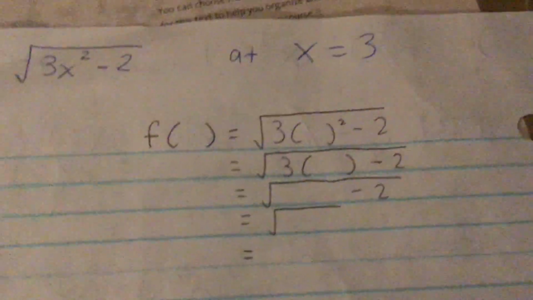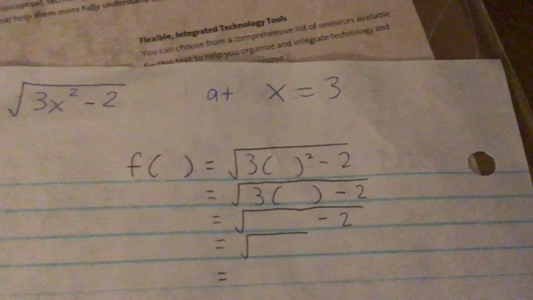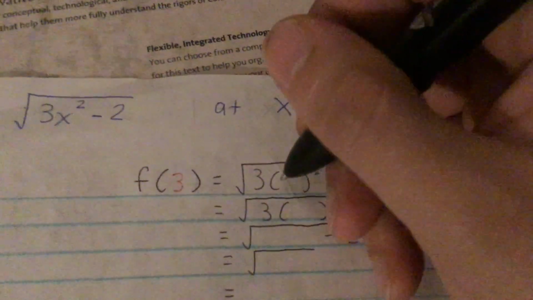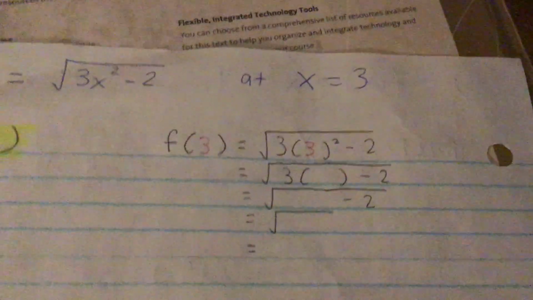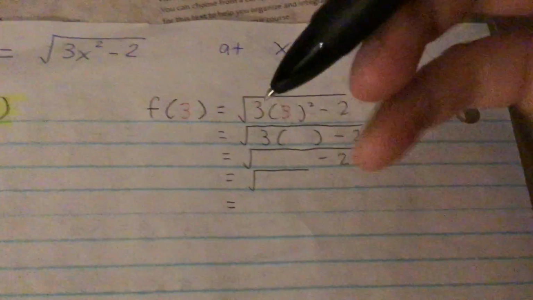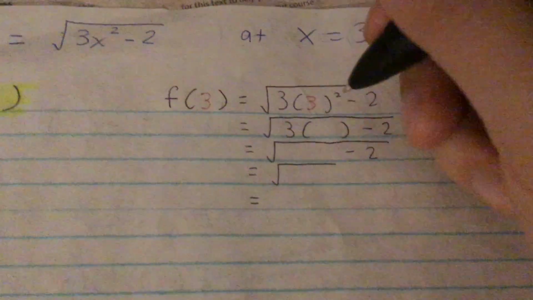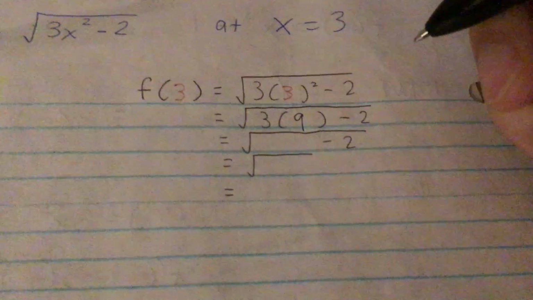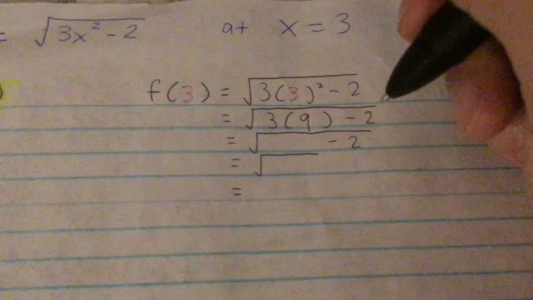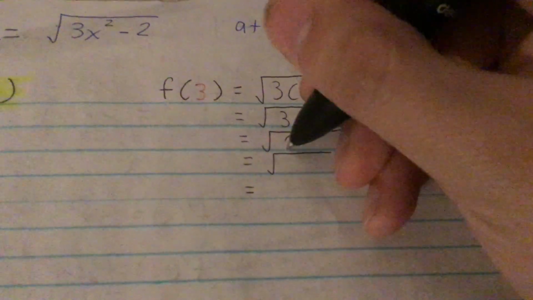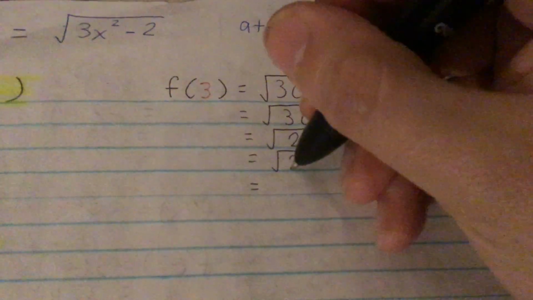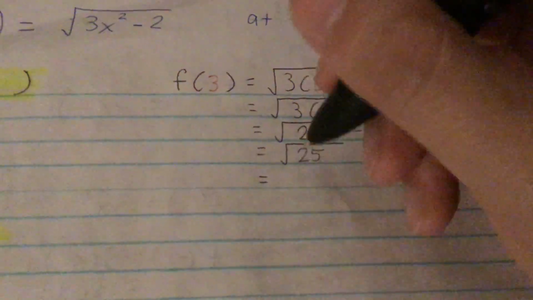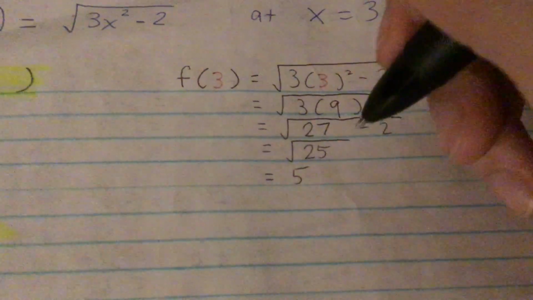Okay, so first things first, I need to figure out what the point is. So that means literally plug in x equals 3 into the equation. Well, first thing I got to do in this square root function is I have to do 3 squared. 3 squared is 9. 3 times 9 minus 2, so I got to do 3 times 9, which is 27. 27 minus 2 is 25, so the square root of 25 is 5.